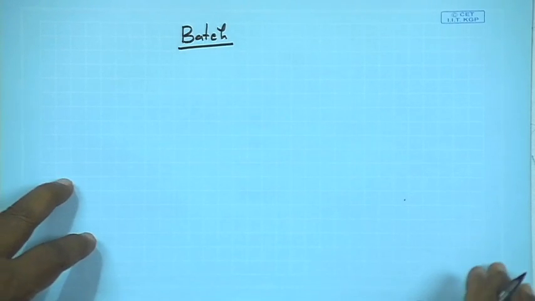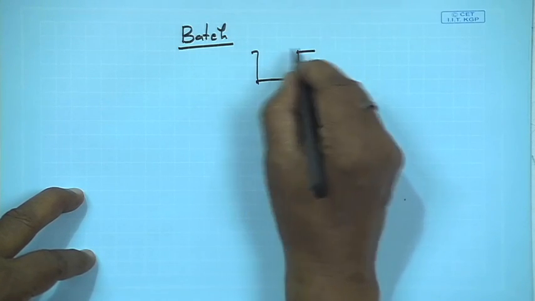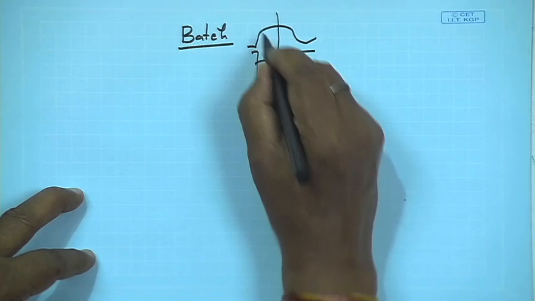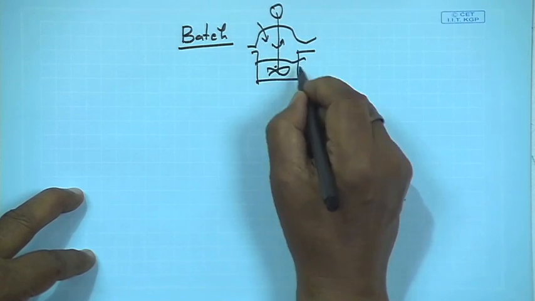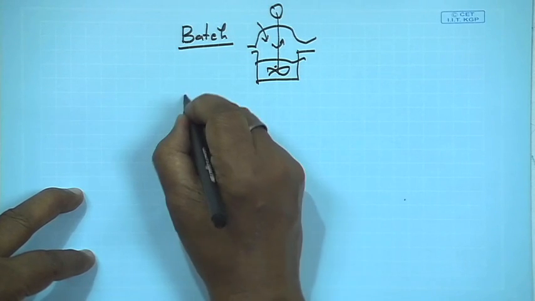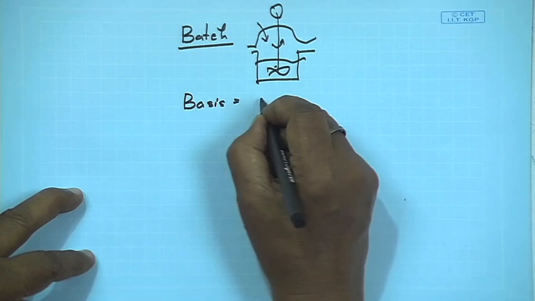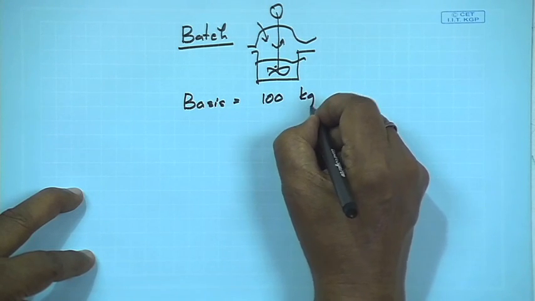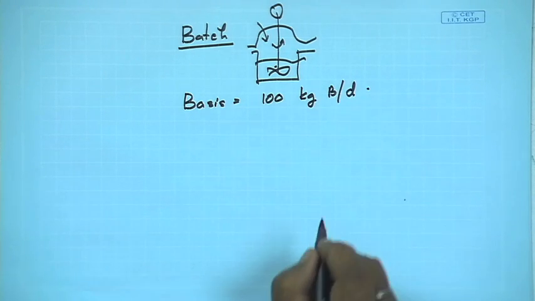Now, the question comes: what will happen in case of a batch process? Batch process is not a continuous process. It is like this: you take the material at a time and allow it to react. After the material conversion takes place, here also the basis is the same, 100 kg B per day.